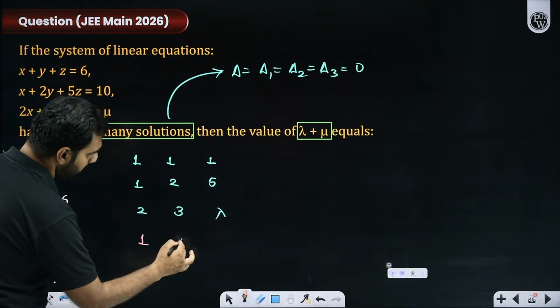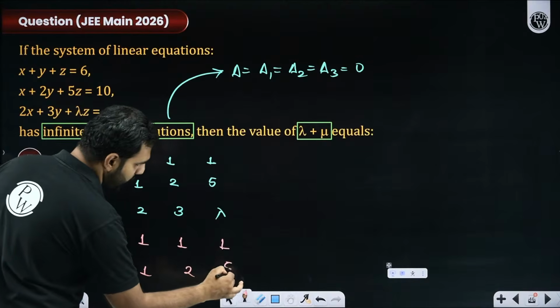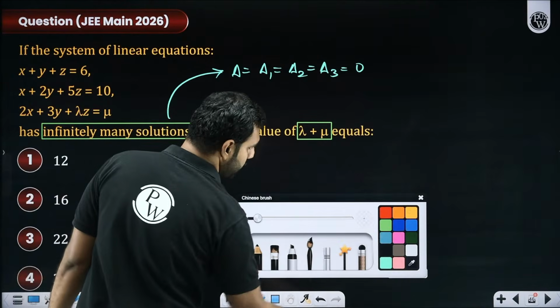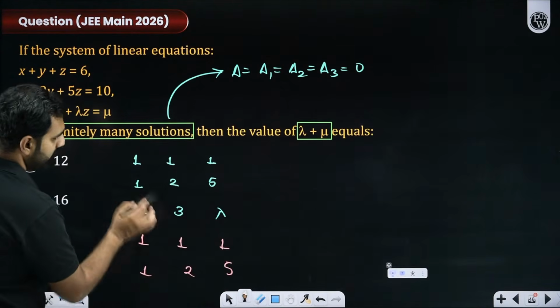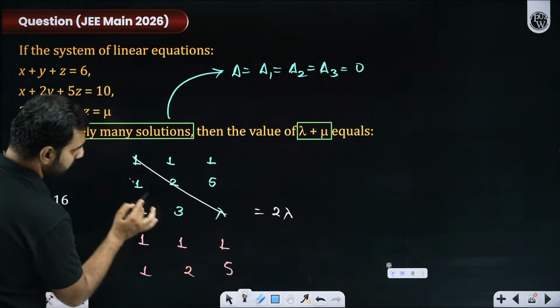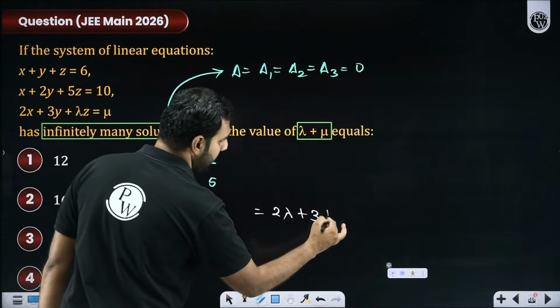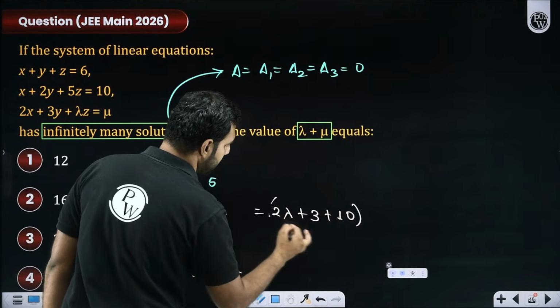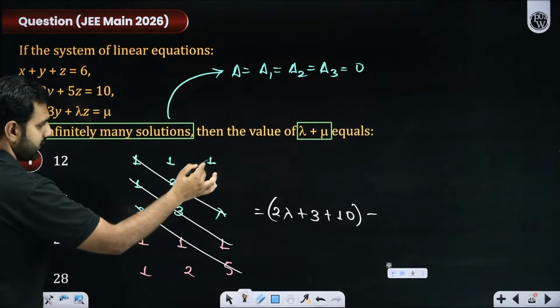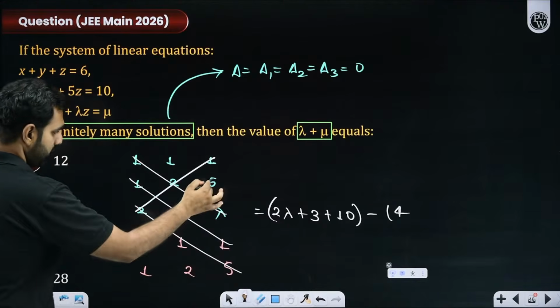So 1, 1, 1, then 1, 2, 5. Do you all remember that Sarrus rule we have just discussed? With that, this will be 2 lambda. Then this will be 3. And this will be 10. Yes or no? Give me a quick update. Minus. This will be 4. Then this will be 15.